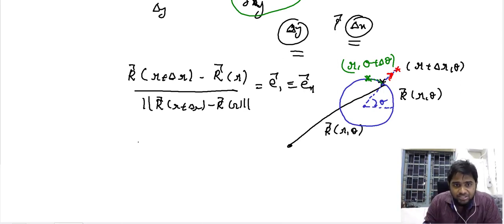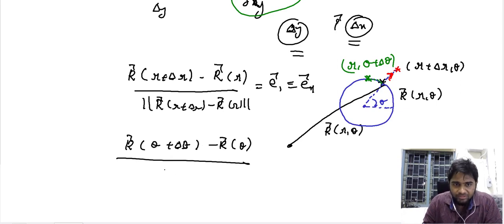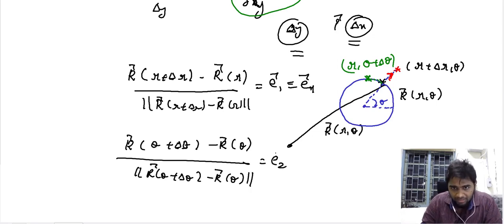The same expression can be extended for theta. Here the variable is theta: r of theta plus delta theta minus r of theta, and we consider the magnitude of it, and this would give us another unit vector.